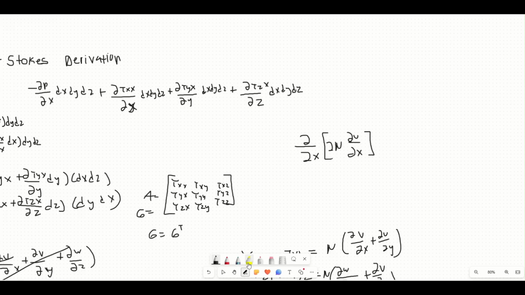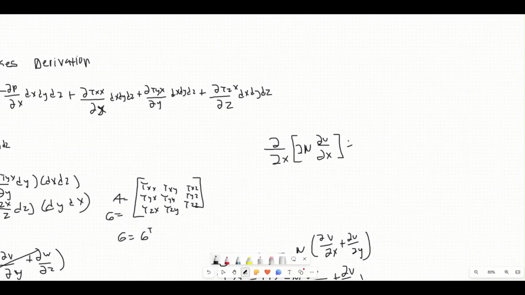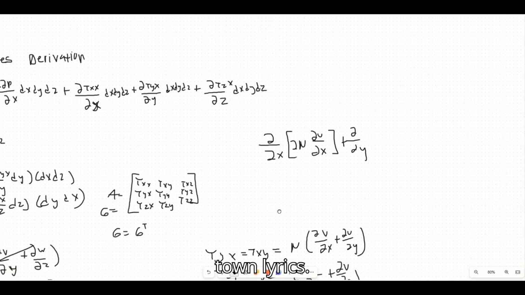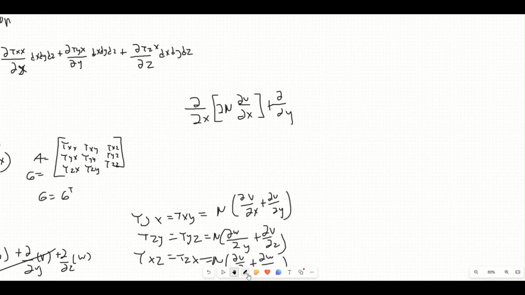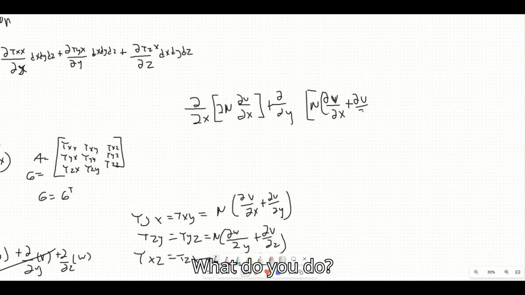Okay, and we're going to add partial y of tau yx, from the Stokes hypothesis. We know that's going to be mu times dv over dx plus, sorry, this should be du over dy.